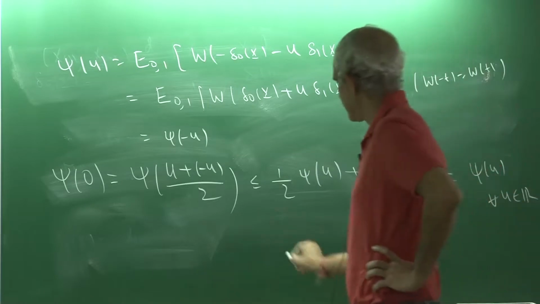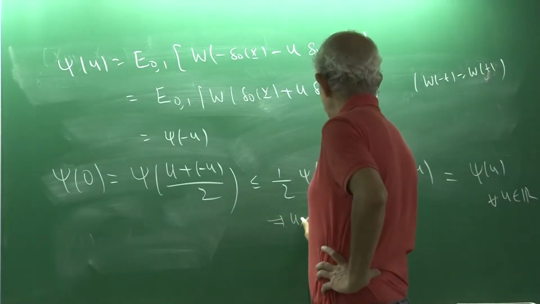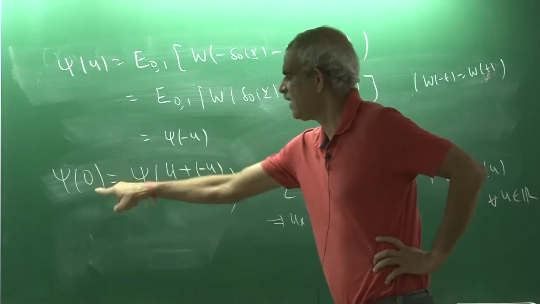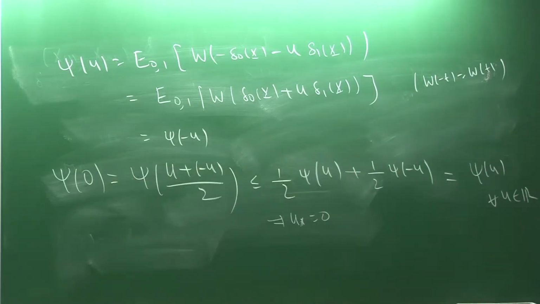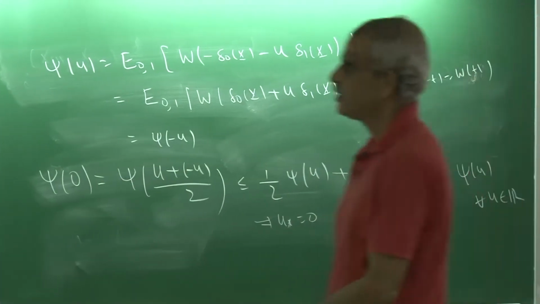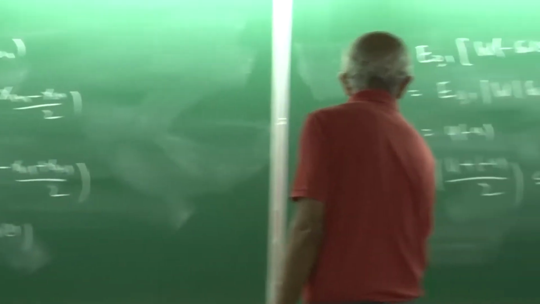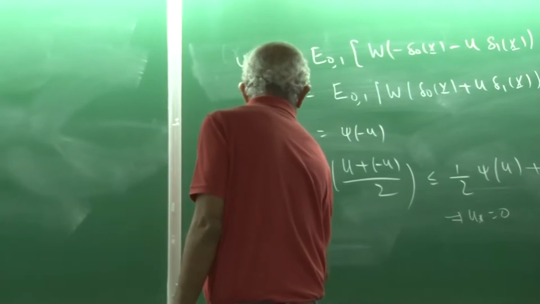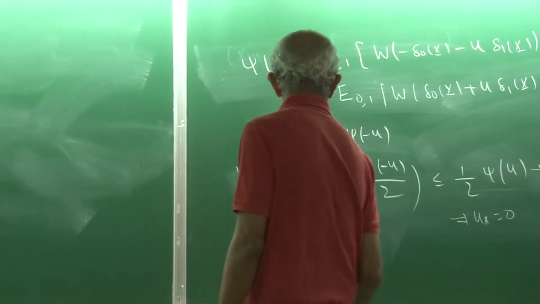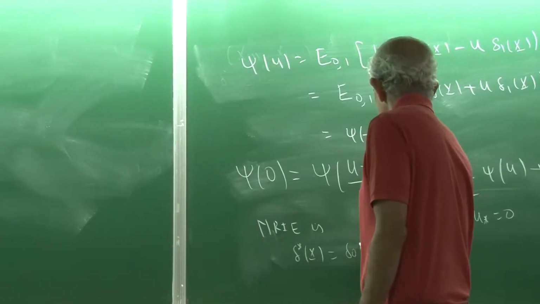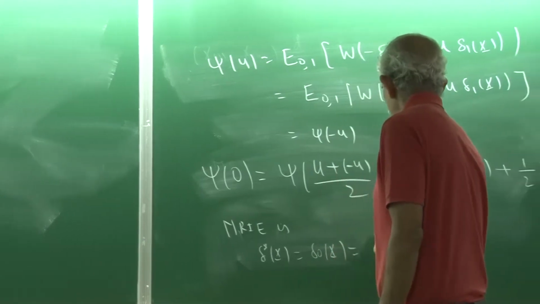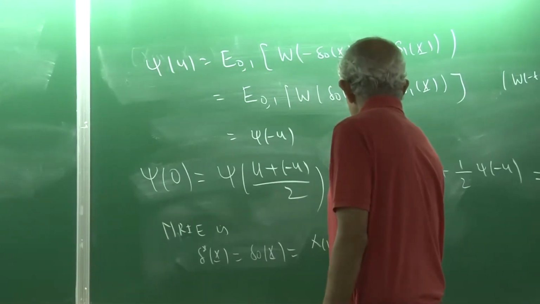So this implies that u star has to be 0. That means psi at value 0 is smaller than psi at any other value u. So what does that mean? That means the MRI is again delta naught, because u star is turning out to be 0.